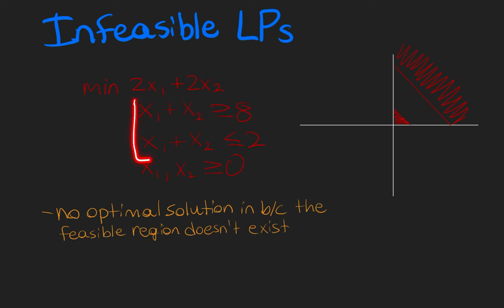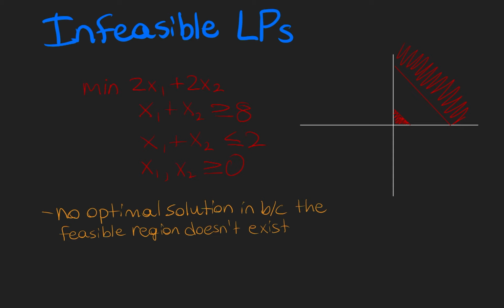When you graph the two constraints, x1 plus x2, and you signal one of them to be greater than or equal to 8 and one of them to be less than or equal to 2, you are given these two inequality regions right here. And if you notice, there's no common point in these two regions that satisfies the formulation.